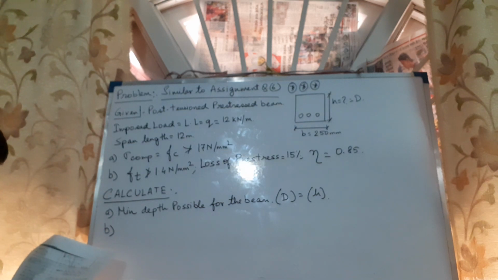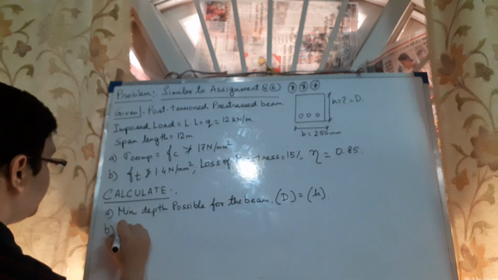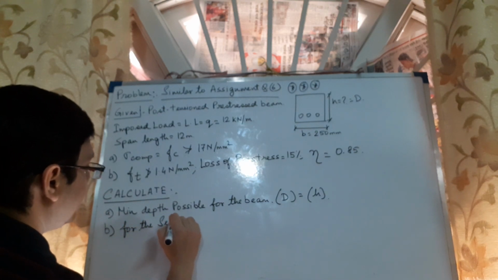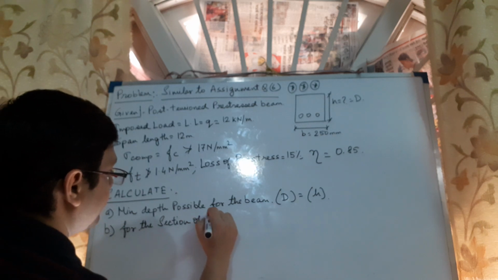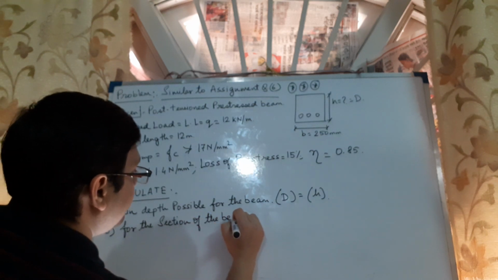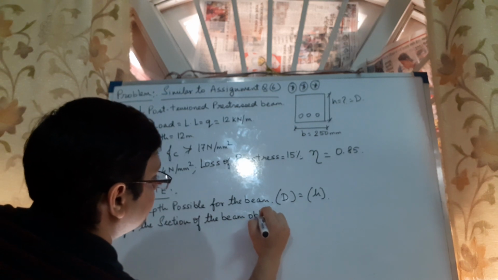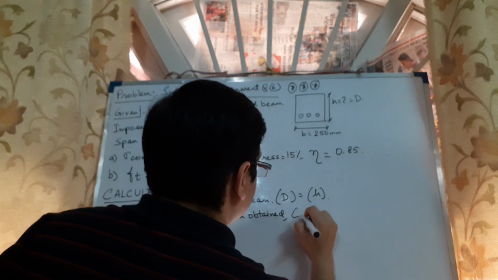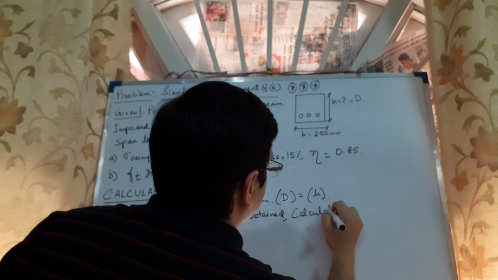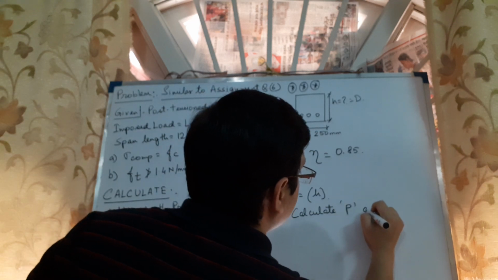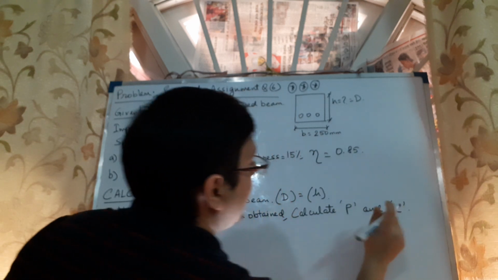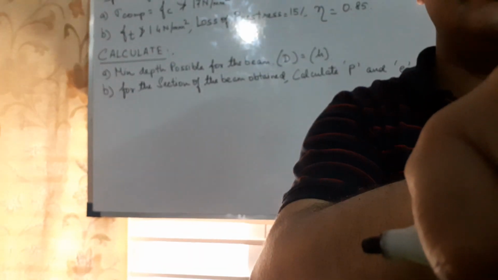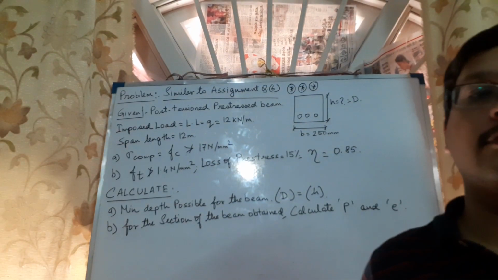And the second question is asking about the section provided. So for the section of the beam obtained, calculate the prestressing force P and obviously the associated eccentricity e.